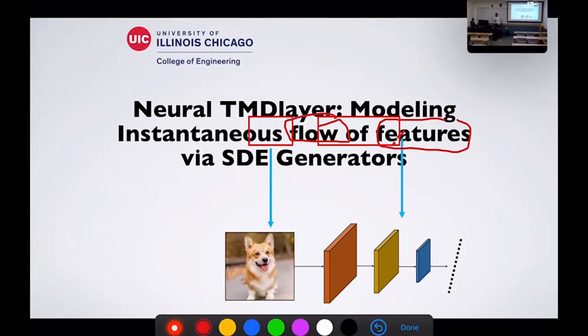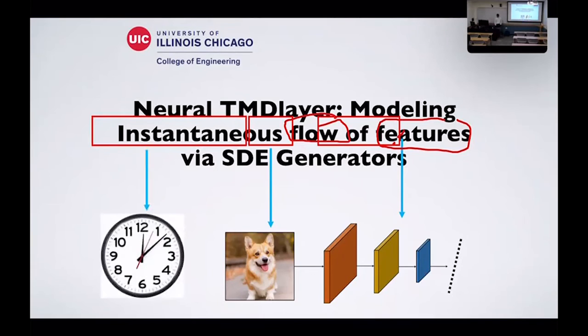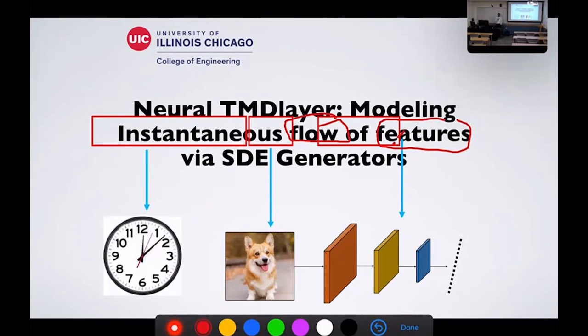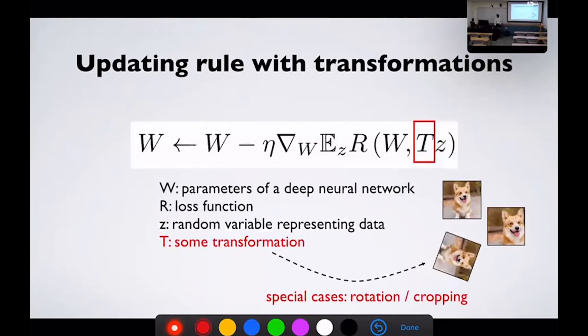That's the question we want to answer. Instantaneous just means that you're only calculating it at this time point. All this started from looking at this one vision, the gradient descent vision.